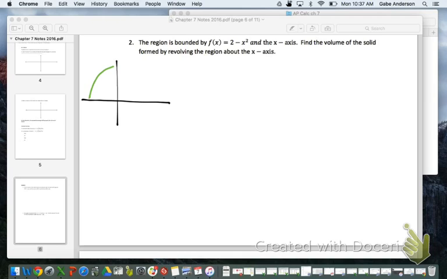That parabola opens down. It's been moved up 2. So I'm going to stop right here at the x-axis because that's the other boundary for our region. So my region is going to be this right here. Let me just highlight this in as best I can.